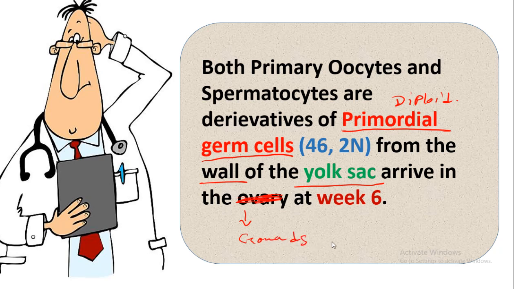When I talk of the gonads, I'm talking about the male and the female sex parts. So they move from the yolk sac to the gonads. In which week? This happens in week 6. Take note of that. The primordial germ cells are the derivatives of the primary oocyte and the primary spermatocytes.